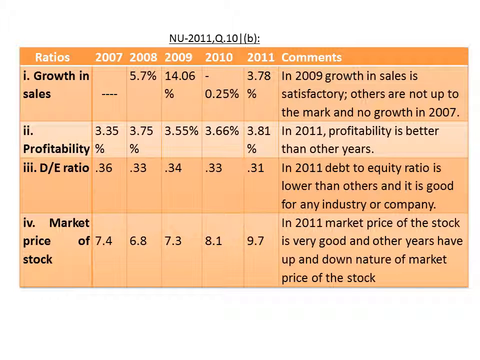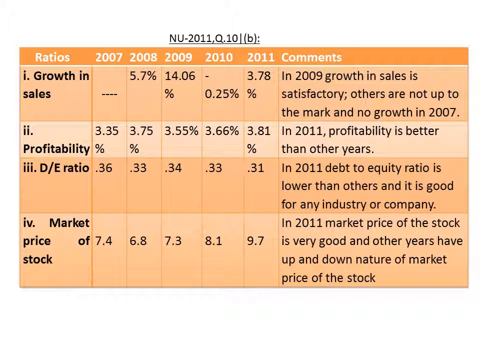Long-term debt to equity is given as a percentage. Average annual price equity ratio is 7.4 in 2007, 6.8 in 2008, 7.3 in 2009, 8.1 in 2010, and 9.7 in 2011.